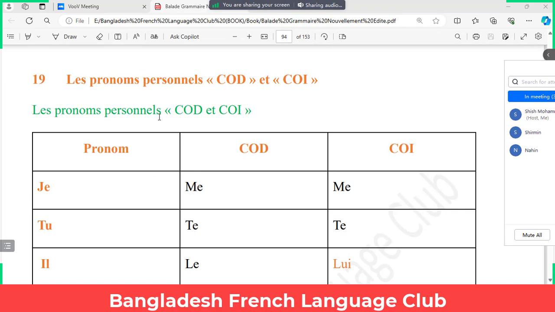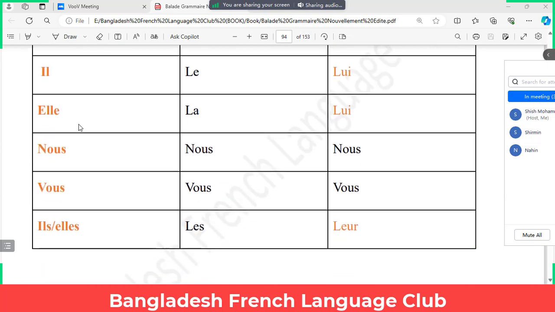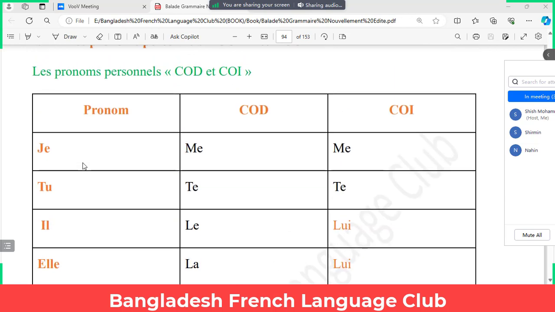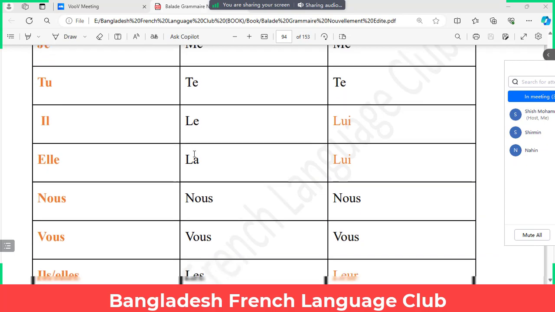So, les pronoms personnels COD, COI, pronoun. This is the subject pronoun. Here you can see, in the middle line, the COD, complément objet direct. So for je, it's me, tu, te, il, le.